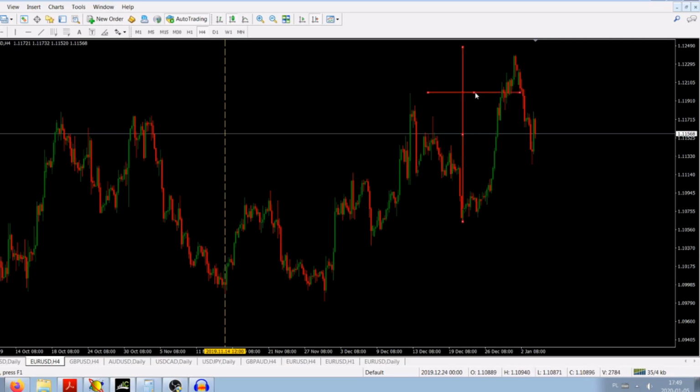Here, roughly, we didn't square it yet. So it might happen somewhere over here. If the market goes up here and turns back, or starts ranging, it will mean that the price and time squared again.